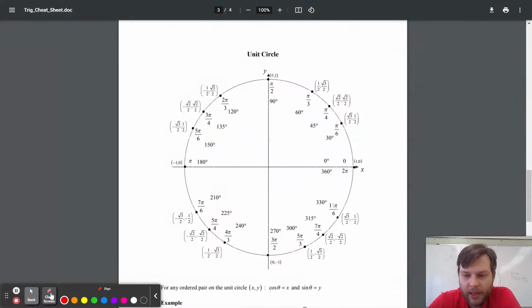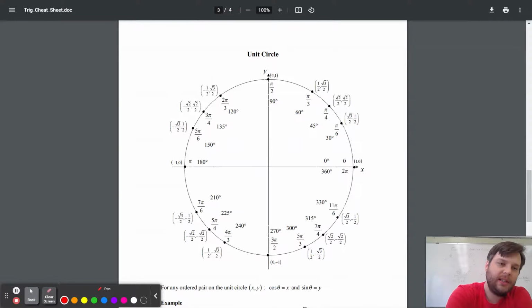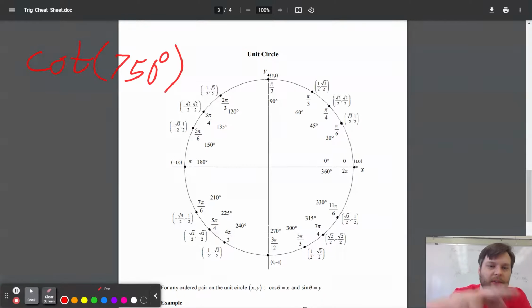And then the last thing is talking about big angles. So I'm going to give a big angle example with degrees and then a big angle example with radians. So let's say that I was asked to figure out the cotangent of, let's say, 750 degrees. 750 degrees is not on the unit circle, but I can always just subtract 360 degrees until I get an angle that is on the unit circle. 360 will get us to the same location.